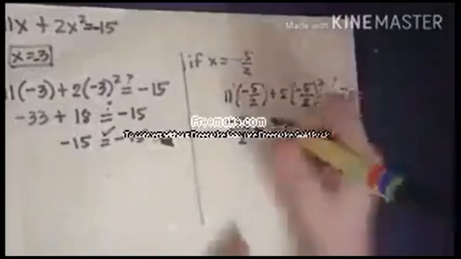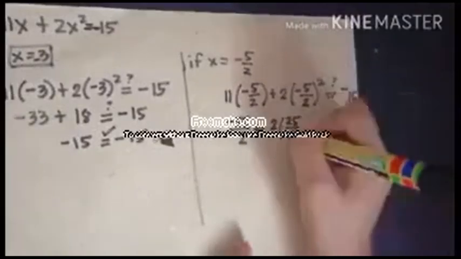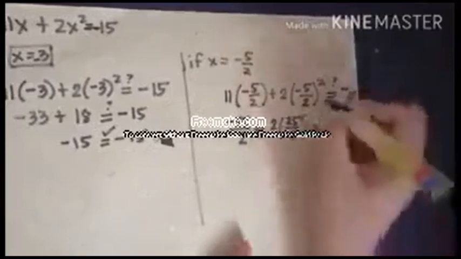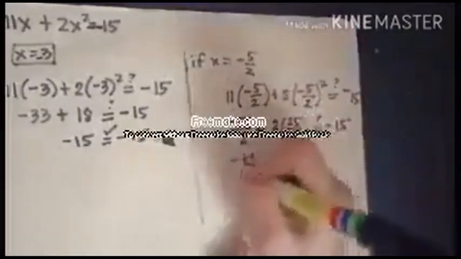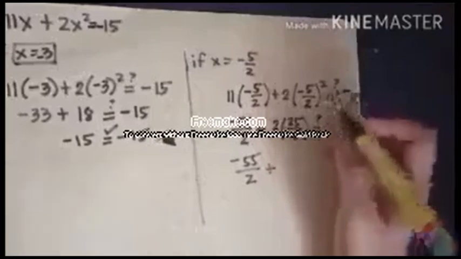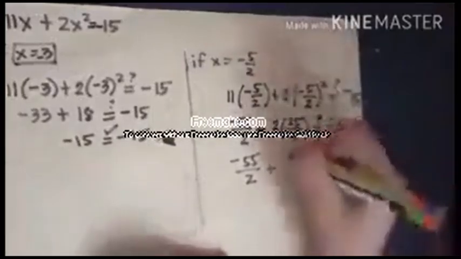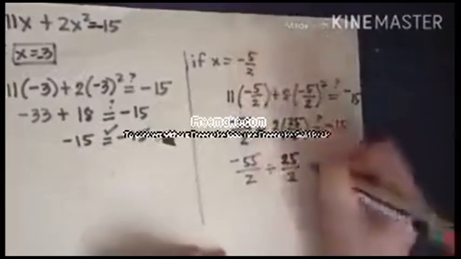So you have 2 times 25 over 4. Is it equal to negative 15? So you have negative 55 over 2 plus 2 times 25 over 4 is actually 25 over 2.